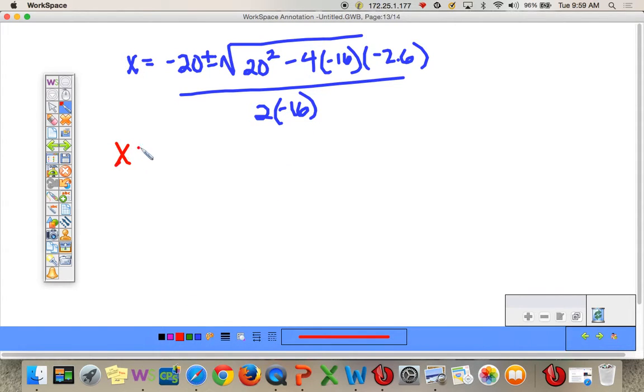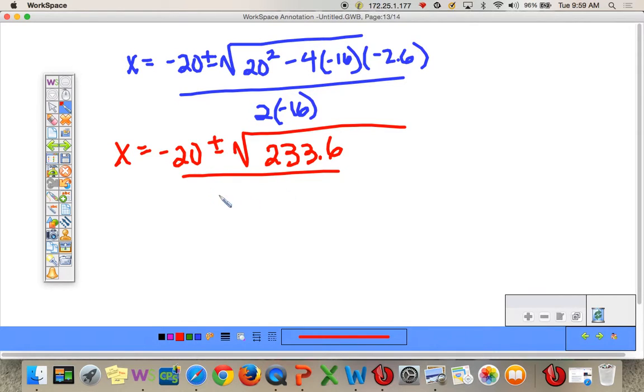Okay, let's type this in. x equals negative 20 plus or minus the square root 20 squared minus 4 parentheses negative 16 parentheses negative 2.6, which is 233.6, all over negative 32. Let's split this up. We get negative 20 plus the square root of that. Hit enter. Divide by negative 32. 0.147.